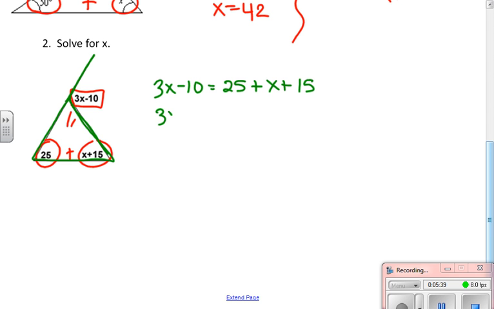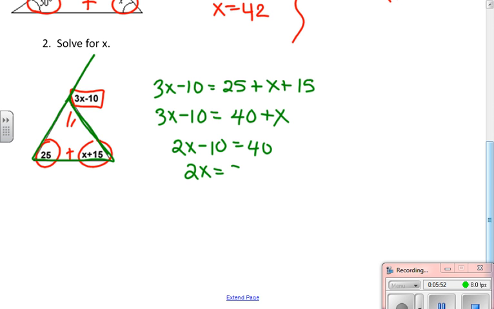So combine like terms on the right. I'm going to subtract x from both sides, add 10 to both sides, divide by 2, and there's our answer. Again, we could put it in and figure it out and make sure everything is equal and checks out if we want.